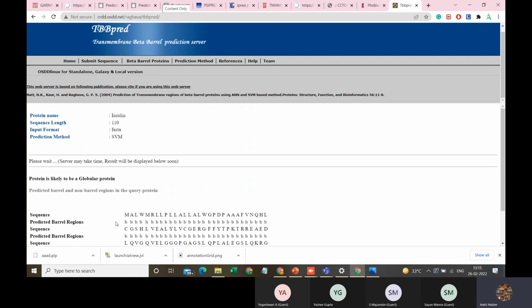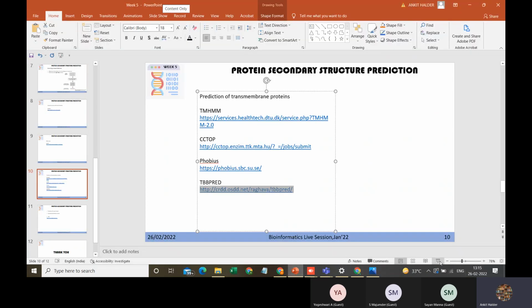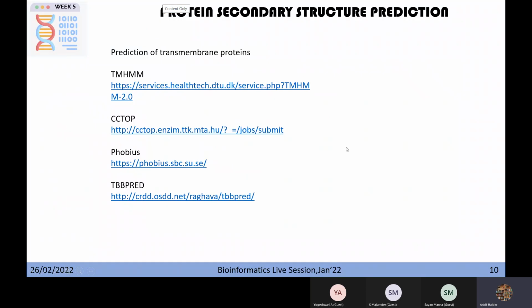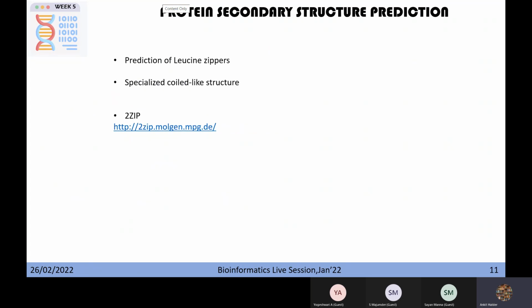You have to look at the literature also, and identify which tool and which algorithm gives the better accuracy to conclude for any particular protein. These are the tools that can help in prediction of different kinds of transcription proteins.